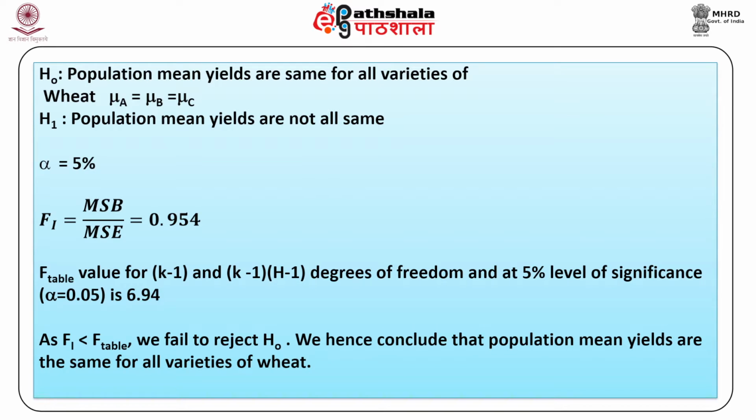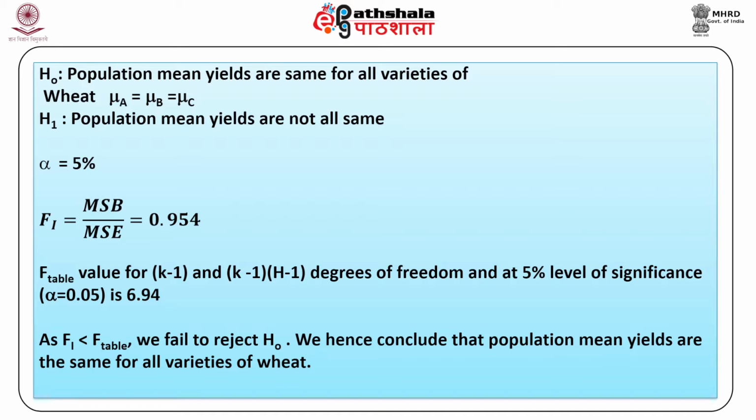Now, if you look at the null hypothesis, the first one is that population mean yields are the same for all varieties of wheat, and therefore we can denote it as mu A equal to mu B equal to mu C. The alternative hypothesis is that population mean yields are not all the same.